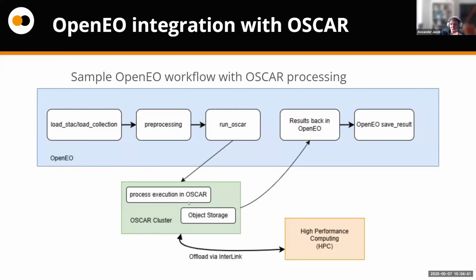Then the execution can be linked to some of the Docker containers that we have seen before, for example, the one from Wflow for the drought forecasting, but it can also be the machine learning workflow where we build a surrogate model, which is then using iTwin AI, which again is called from Oscar to then do the actual machine learning training phase, or later then also the inference phase, making use of the offload functionality through interLink when needed, so that also GPU nodes and the HPC can be used, and finally ship back the results through a STAC catalog and allow further processing in OpenEO.